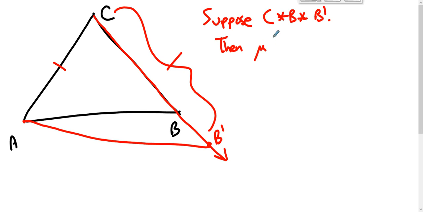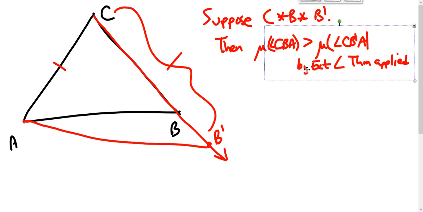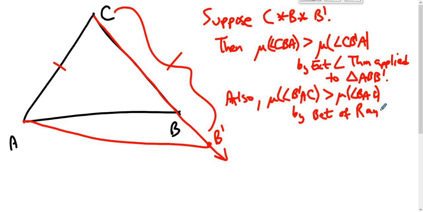Then we know that the measure of angle CBA is greater than the measure of angle CB prime A by the exterior angle theorem applied to triangle ABB prime. So we file that away. Also, we note that the measure of angle B prime AC is greater than the measure of angle BAC by betweenness of rays.